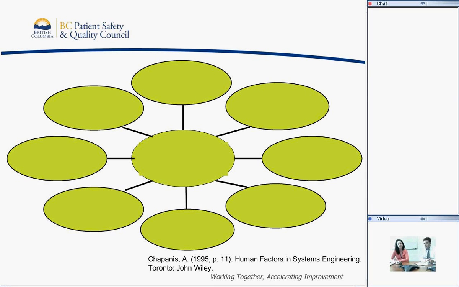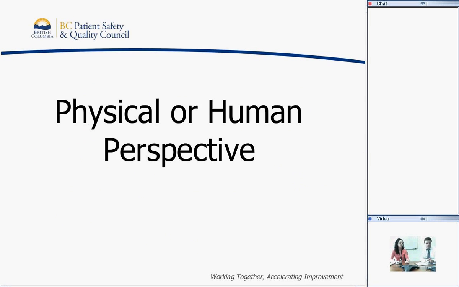But then it also goes into other areas like statistics and operations research, industrial design, and system safety. And so there's a multifaceted approach: most human factors people have varying backgrounds and approach problems with the information that they've learned in the past.